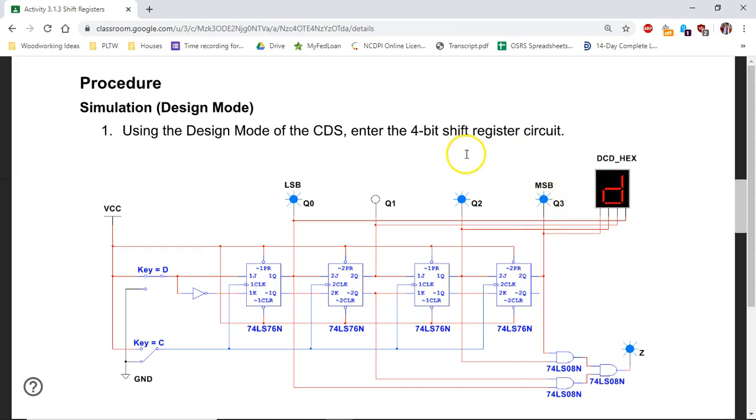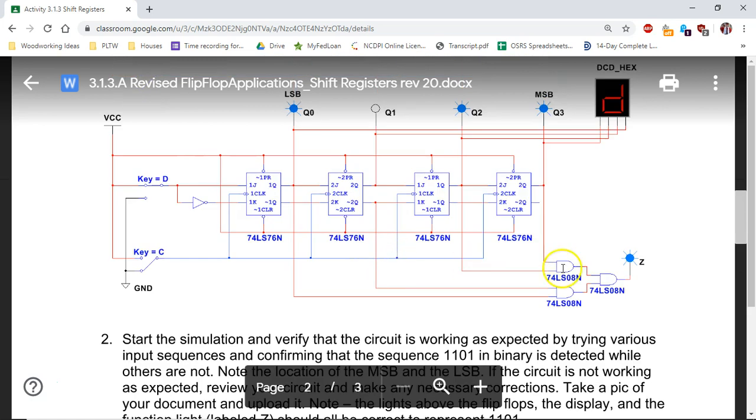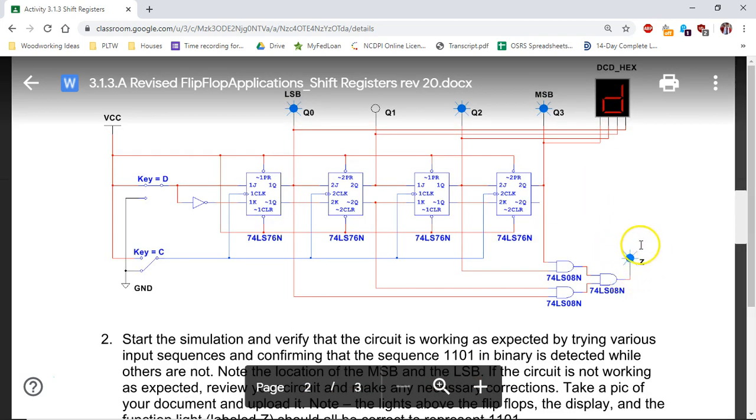So I have 0 and 1 and 1 and 1, because 111 in binary is the number 7. That's all part 3 is asking you. It's asking, what is this logic going to look like? So that only when the number 7 is displayed here is this probe lit up. That is your goal with this activity.